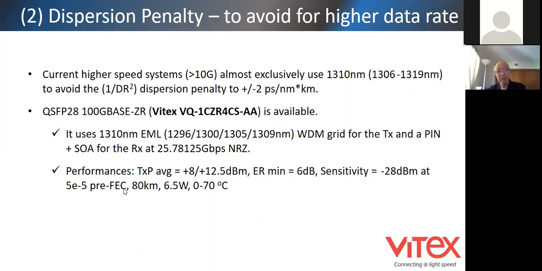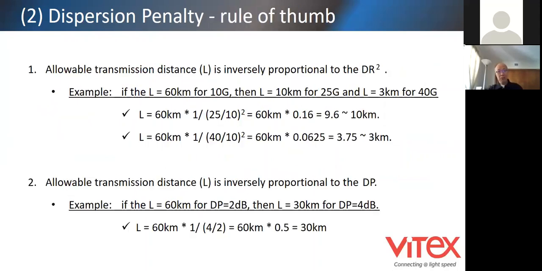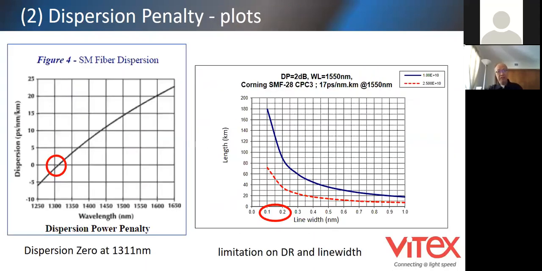By putting in the FEC, you have almost no errors. So with the 80 kilometer, the power consumption is 6.5 watts, 0 to 70 degrees C. So this is still doable for 80 kilometers at 25 gigabits per second data rates. So we still have this luxury.